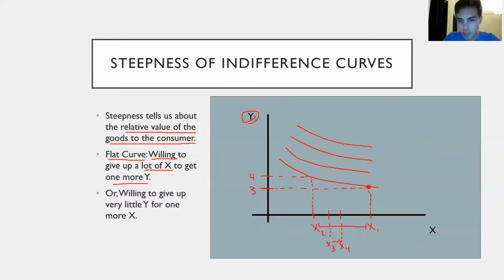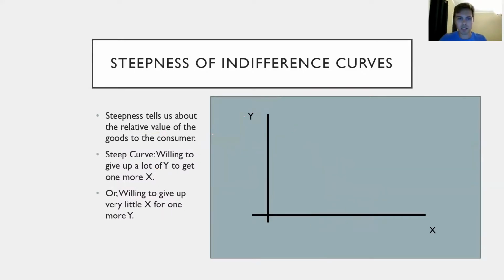So I'm going to go up to a different indifference curve up here so that it doesn't look as messy, right? So if we look at this, the change in our y to get one more additional unit of x is very small, right? So we're not willing to give up much of our y to get one more additional unit of x. So looking at it that way is still telling us that this consumer is valuing y more than he values x, because he's willing to give up much less y to get one unit of x.